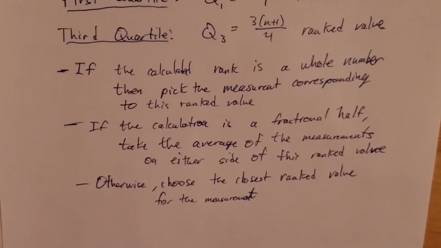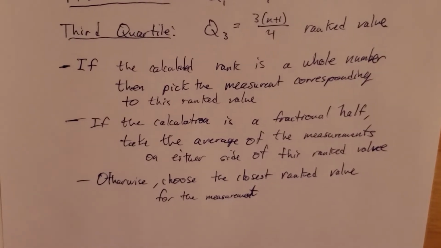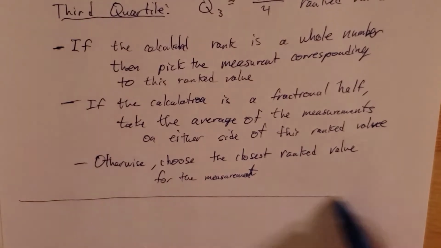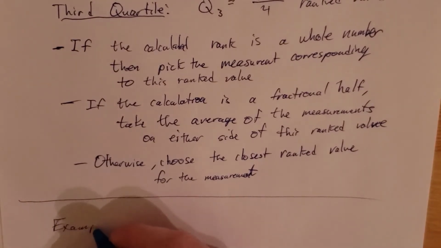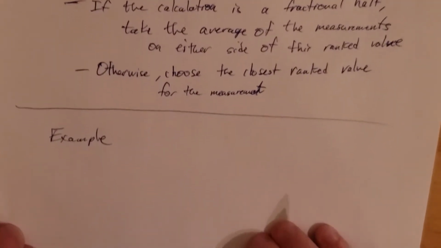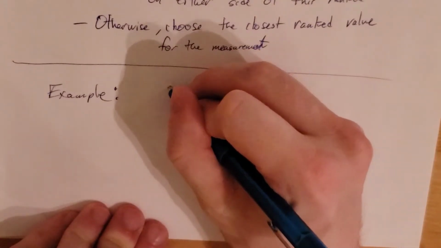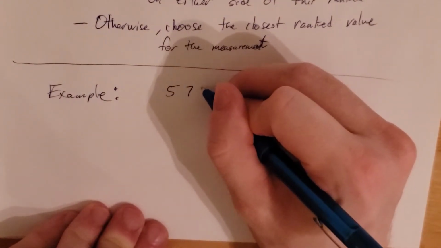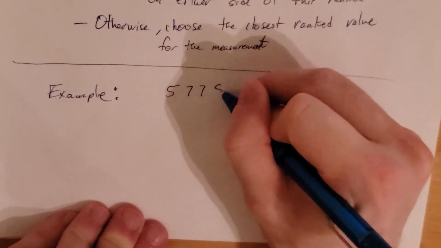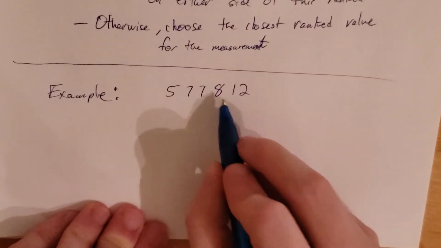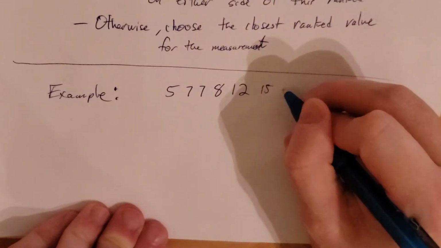Okay, so let's do some examples here. So suppose we have 7 data points, and you'll want to put those into an ordered array. Let's suppose we just have the data points 5, 7, 7, 8, 12, 15, 20.